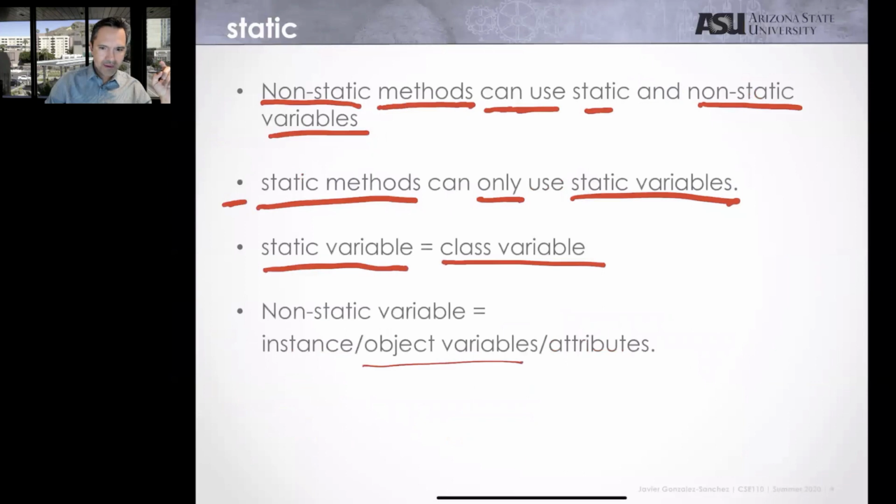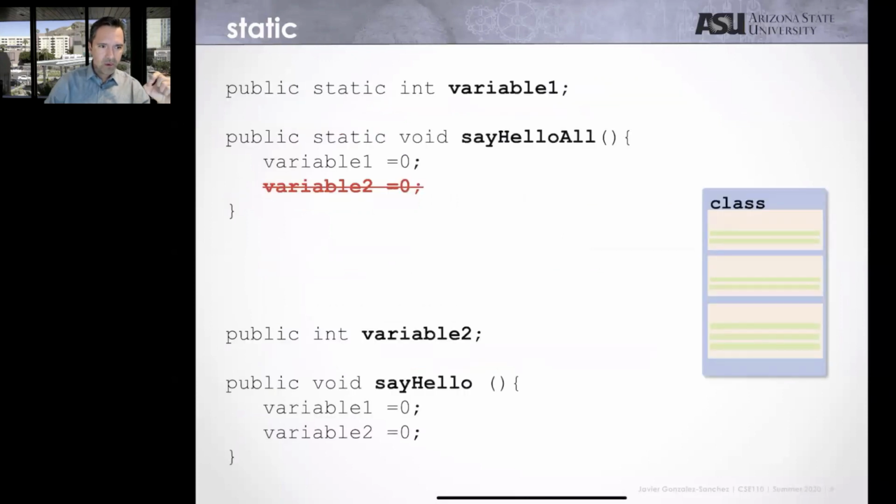Object variable, attribute, instance variable, names for the non-static. Now, the important thing here is, the rules are fine, but tell me, what is the difference between making a variable static or non-static?